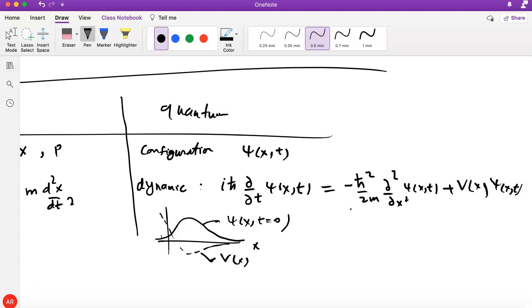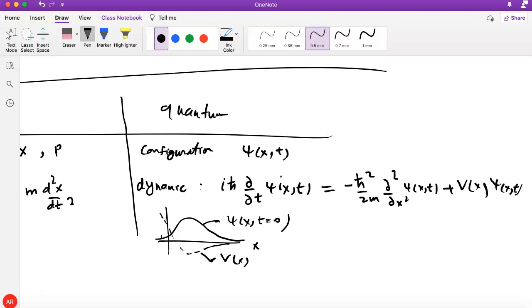On this side, at that point in time, you get some other function of x. You multiply that by dt, this infinitesimal time, and add it to the wave function, and that tells you how the wave function has changed a little bit later. So it's a first-order differential equation in time, and if you know the initial wave function, it can give you the final wave function.